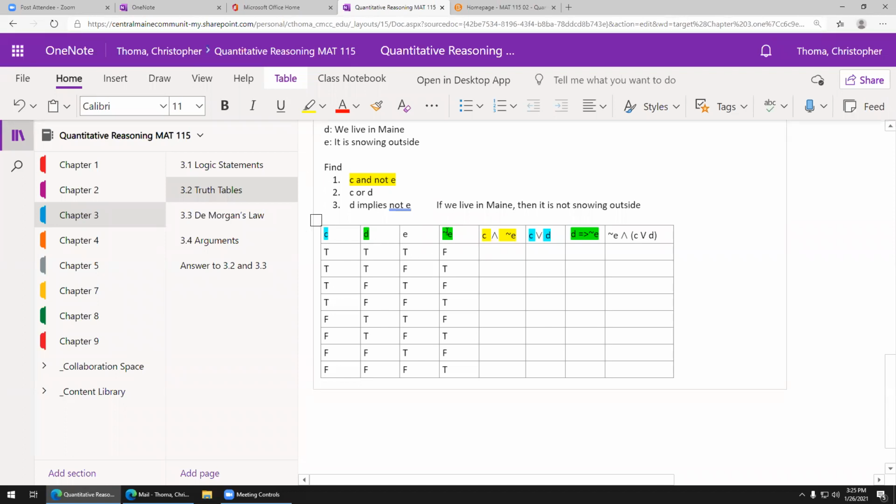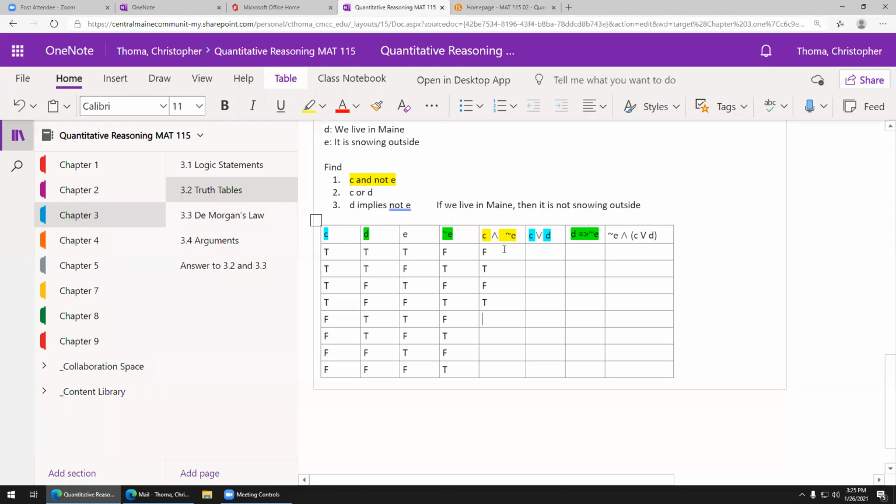Now I can compare these. C is true, not E is false. Well, it has a false, so this one is false. C is true, not E is true. Both true, so that's a true. I have a true and a false, so that is a false. I have a true and a true, so that one is true.